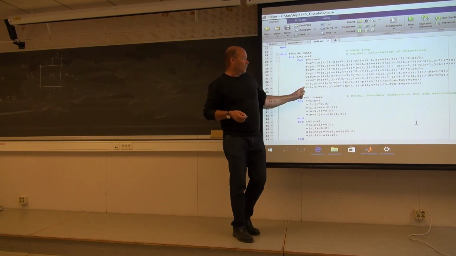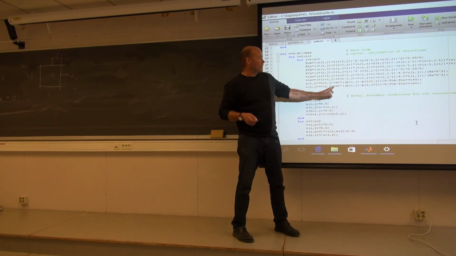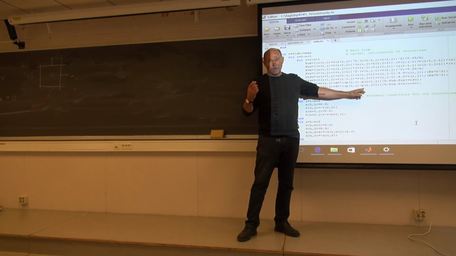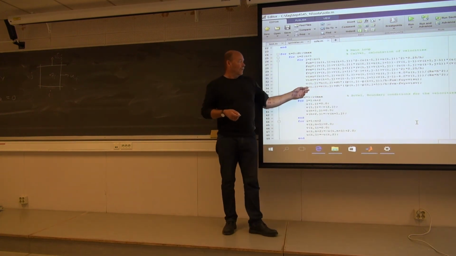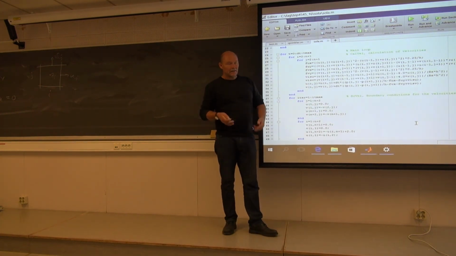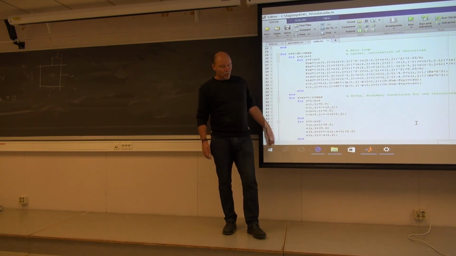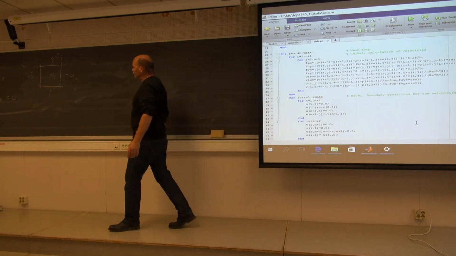They are calculated based on the old pressure gradients, and they will in general be wrong. It's not a correct solution, but at least it's a beginning. Then we have the pressure iterations. This was a successive over-relaxation scheme for finding the new pressure and the new velocities.